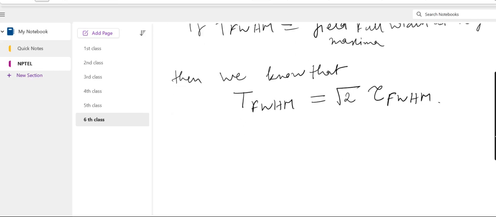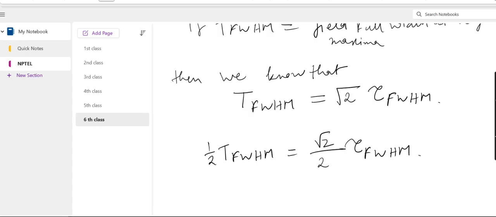So we need to take into account this fact. So half of T FWHM is basically root 2 by 2 tau FWHM, which is 1 by root 2 tau FWHM.